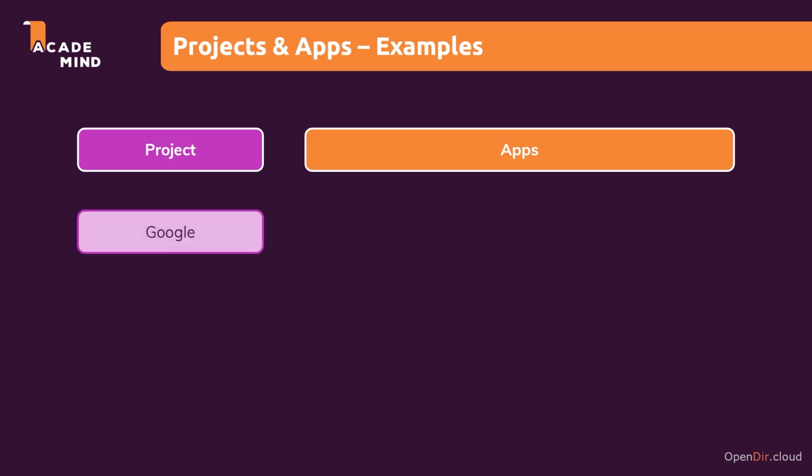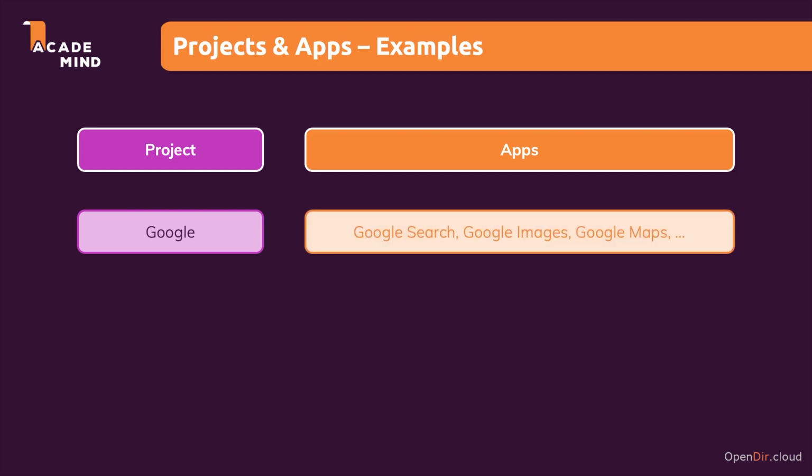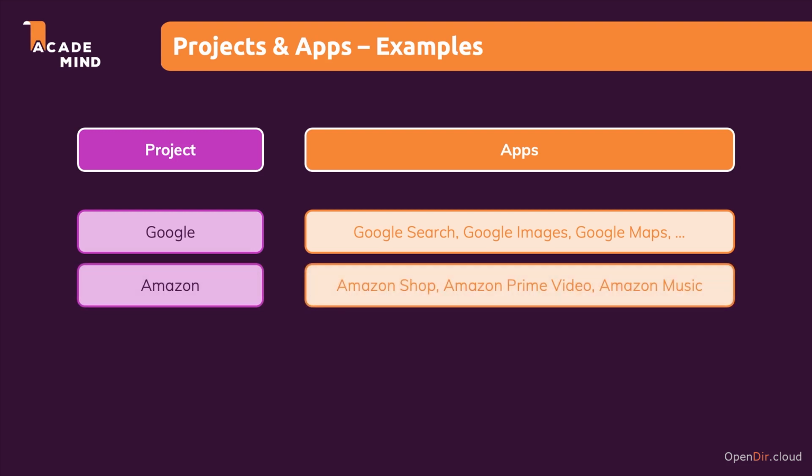If you think about Google, the website Google, then of course they have the Google search, but there also are Google Images, Google Maps, and many other Google products. And therefore, we could say that the project is Google, but the apps which exist in this project are search, images, and maps. In the case of Amazon, we could have the shop, but then also Amazon Prime Video, Amazon Music, and that would be our separate apps.